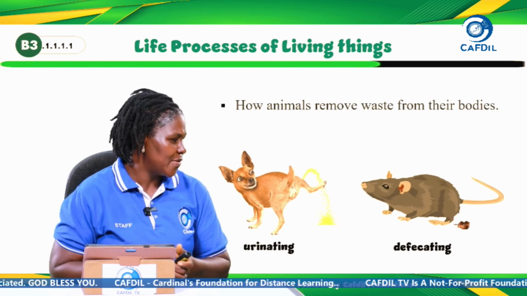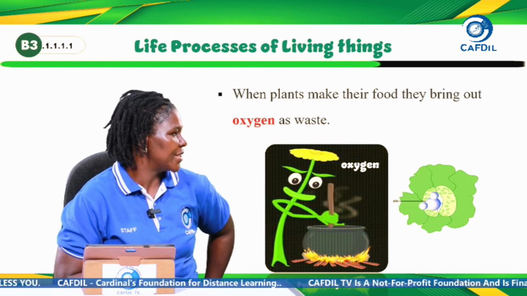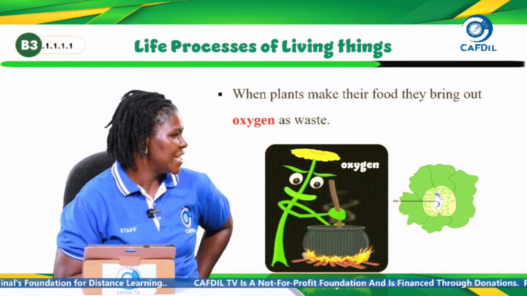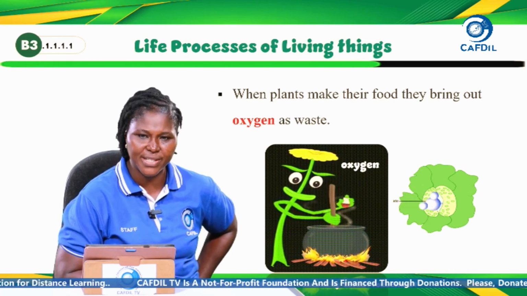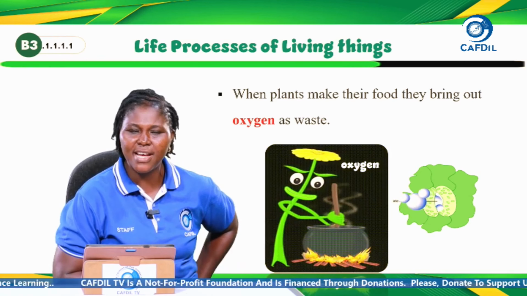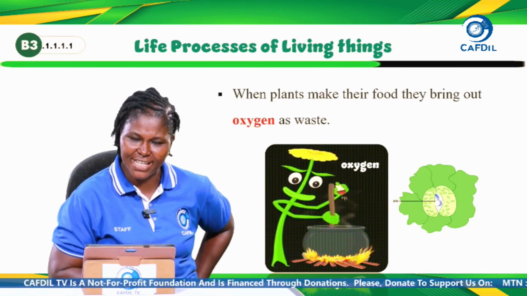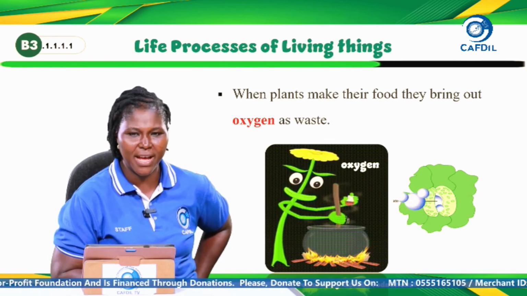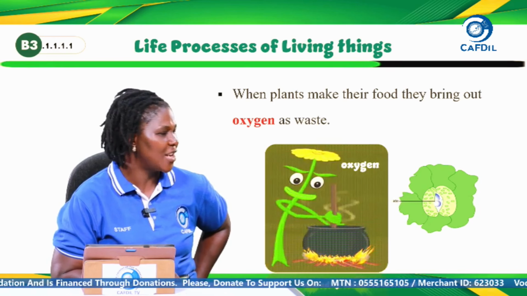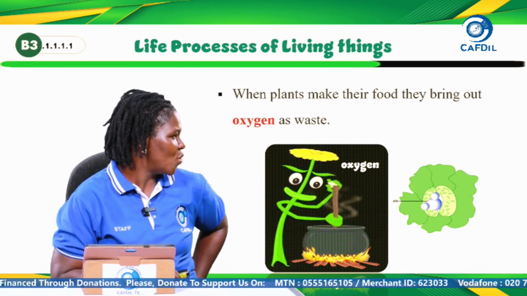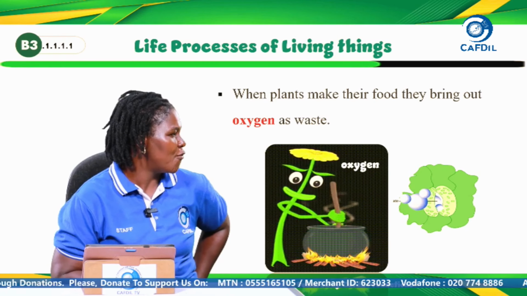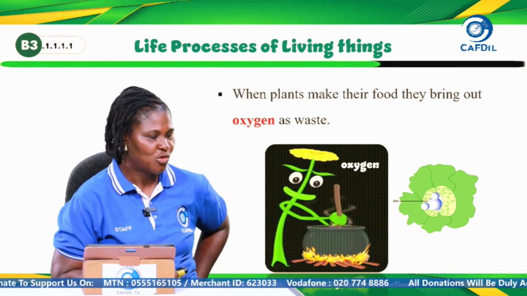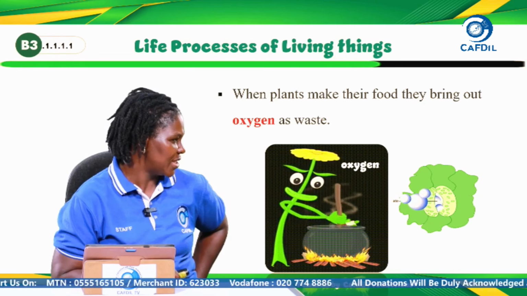Let's continue our lesson. When plants make their food, they bring out oxygen as waste. The oxygen that we human beings take in is a waste for plants. So when plants make their food, they bring out oxygen as waste through a process called photosynthesis.